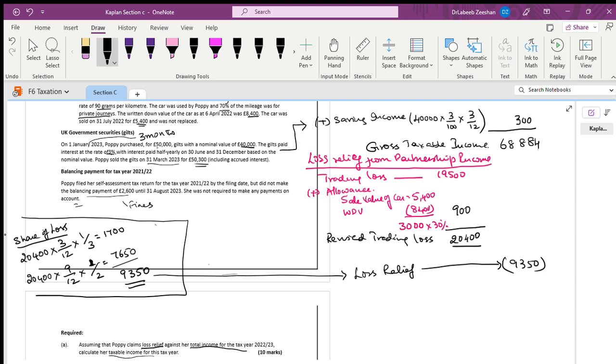Now, how much will you get? It's 59,534. From here, we have to deduct the personal allowance.